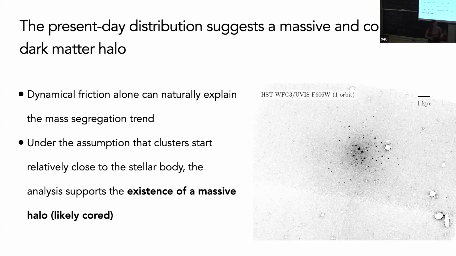No spectroscopy here. What we found is that this galaxy has to be dark matter dominated in order for these clusters to sink all the way to the center in a reasonable time with reasonable initial conditions, but it likely also has a core. And again, this is only from the image, from photometry.